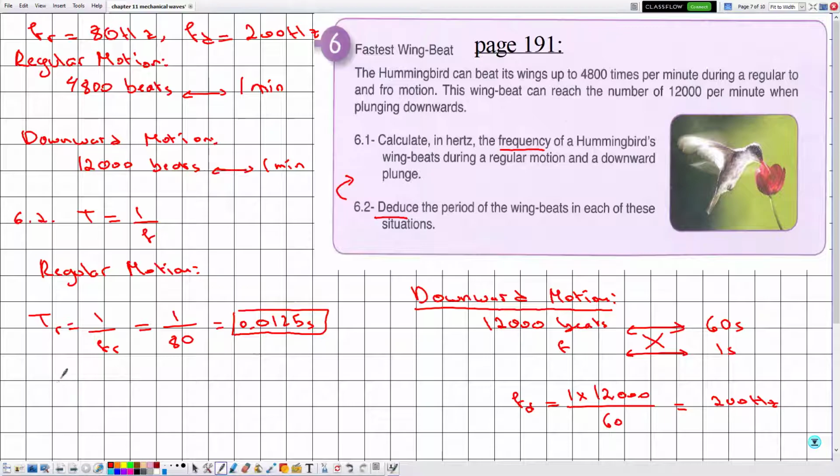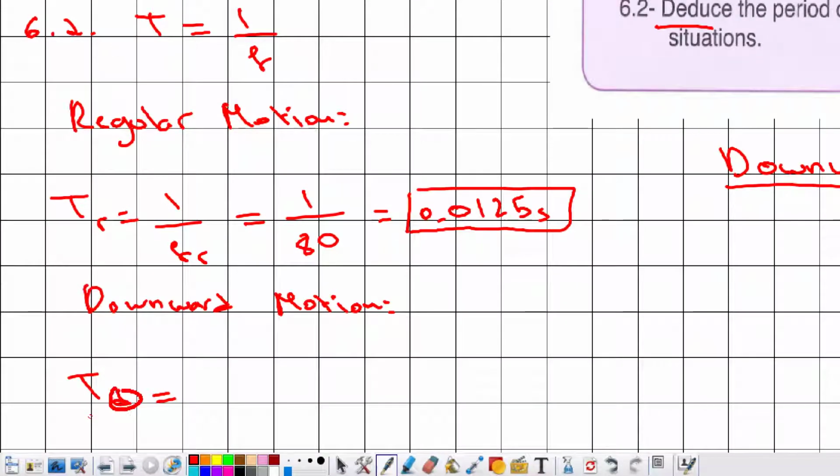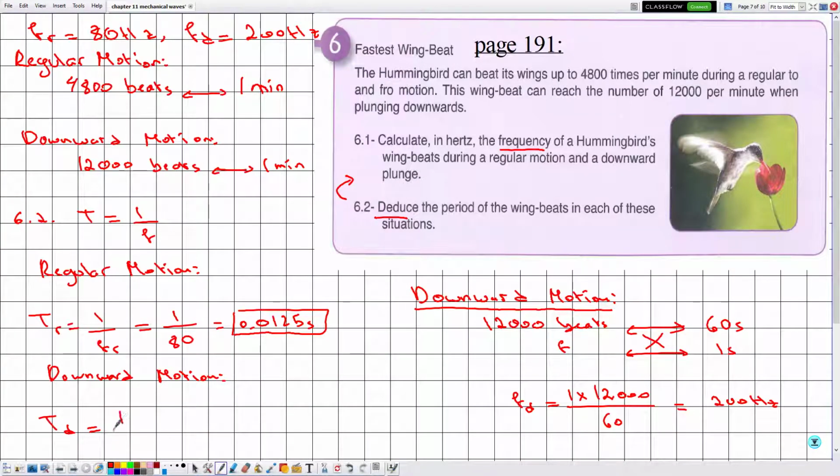Now what about during the downward motion? The period T_d for the downward motion is given by 1 over f_d, which is 1 over 200.